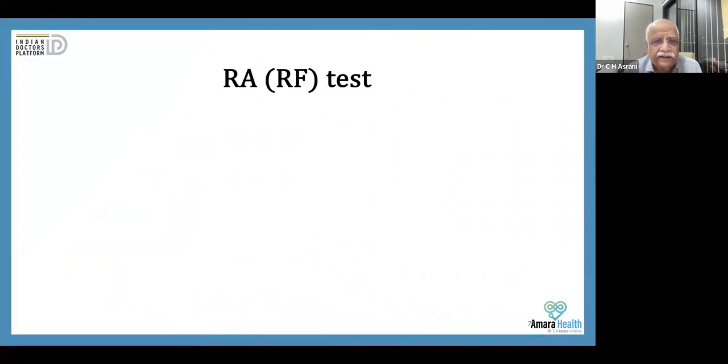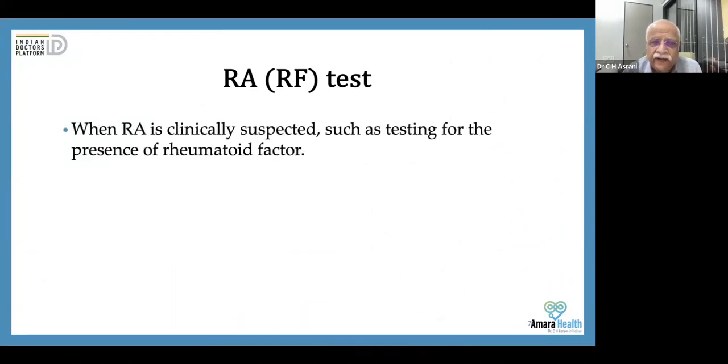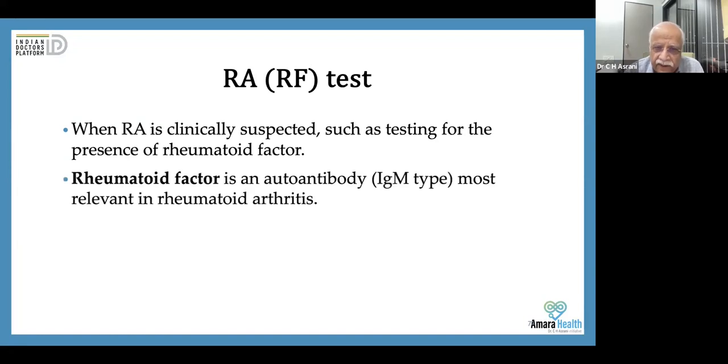Then we come to RA test or rheumatoid factor test. When RA is clinically suspected, when you suspect rheumatoid arthritis clinically with small joint pains, early morning stiffness and all, then we check rheumatoid factor. It's an autoantibody of IgM type, most relevant in rheumatoid arthritis.